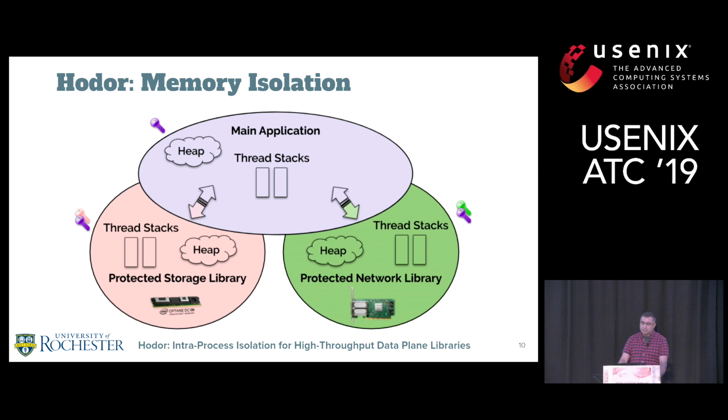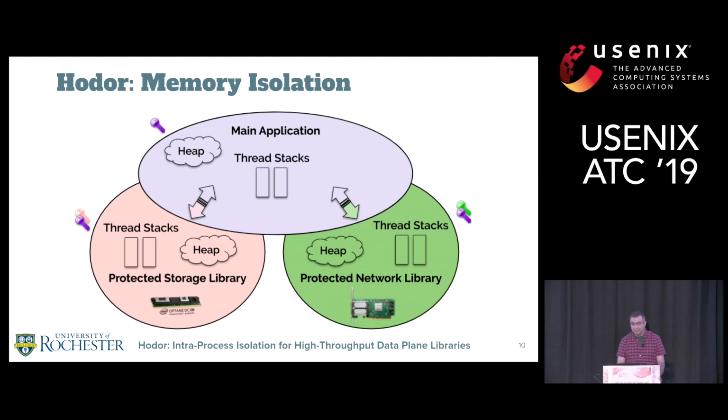The example in this figure shows each domain with a different color next to the application and the libraries. You see the keys representing the domains that they can access with the corresponding color. For example, here the main application can only access its own domain, while the protected network library can access both its own and the application's domain.